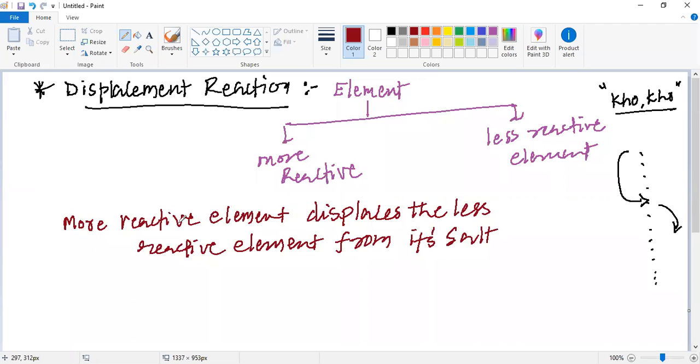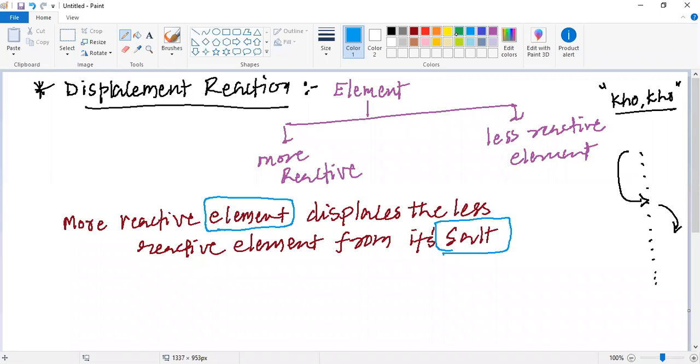from its salt. Remember that the more reactive element should come in the elemental form, and the less reactive element should be present in the form of salt. This is the important thing.